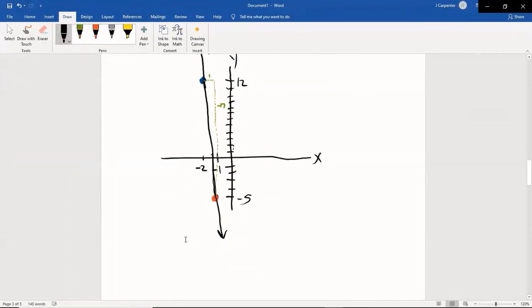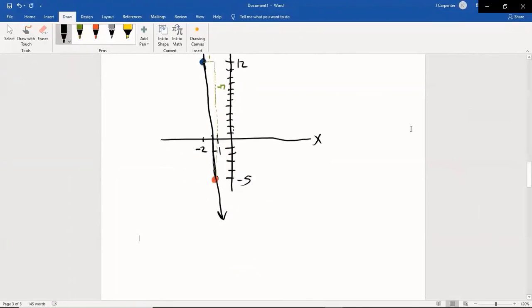All right, the next set of things I want to do is I want to have us practice creating a standard linear model.